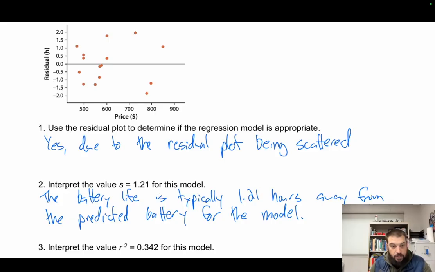Okay, and again, looking at the things we institute: y variable context, our actual S value with units of measure on it, and then don't forget this idea of typically away from the predicted. That's kind of our definition of standard deviation of residuals built into our sentence frame there.